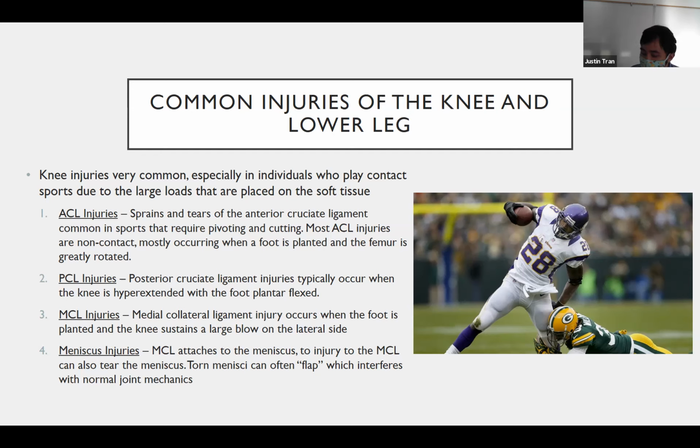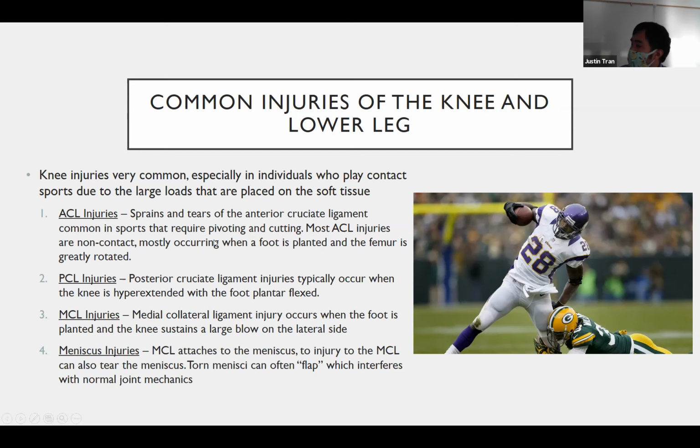Anytime you drive your foot into the ground and put all your weight on that foot in a very exaggerated way, and try to change directions rapidly, that puts a lot of strain on the ligaments in your knee. Those are probably the most common instances where you can tear your ACL. In fact, most ACL injuries are non-contact.